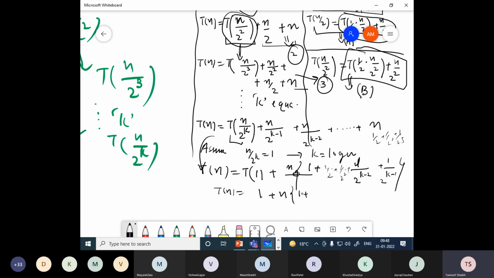So this whole sum will be equal to 2, as per the previous formula in which we discussed the geometric series. T of n is equal to 1 plus 2n. So again, the dominating term is the nth term. So in terms of asymptotic notation, it will be equal to order of n.